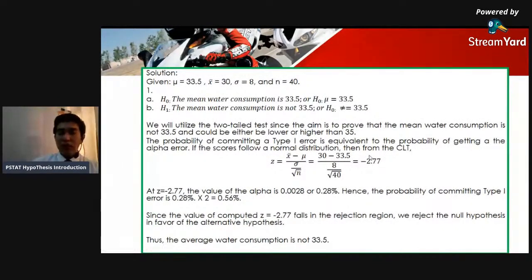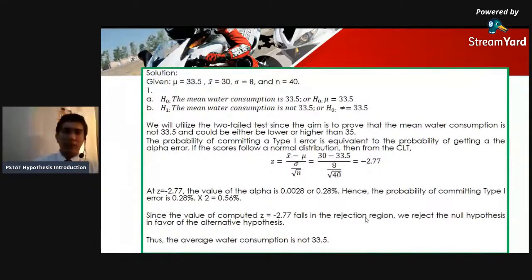How do we decide? What are the factors when we are deciding when to reject or accept the null? Here in this activity, we were able to decide to reject the null. That means that the average water consumption is not 33.5.